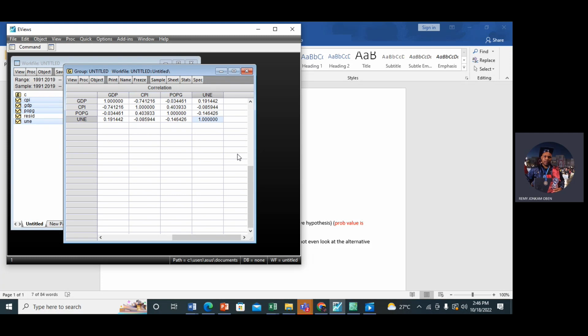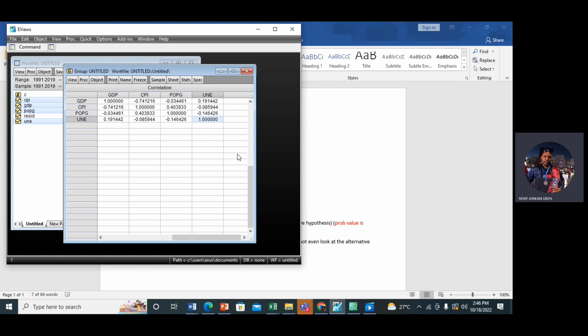For the negative values, look at the absolute value, so it should be from 0 to 1. Now, if the value is from 0 to 0.3, then we can say it is a weak relationship. If it is from 0.3 to 0.7, then we can say it is a medium relationship.